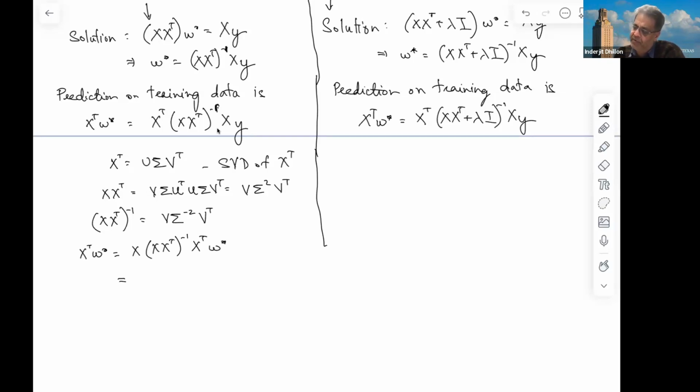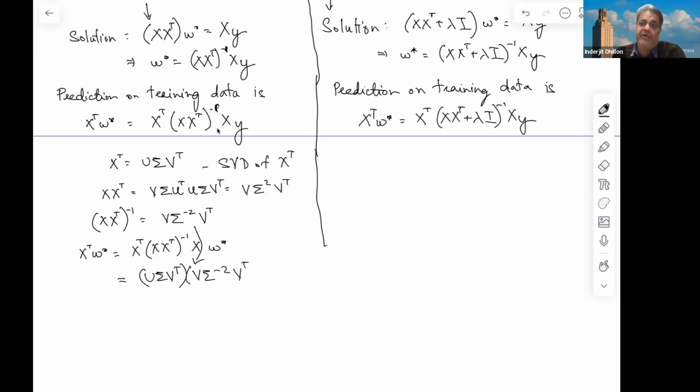Sometimes I get tripped up between the transposes. So it is U sigma V transpose, then V sigma minus 2 V transpose, then V sigma U transpose.